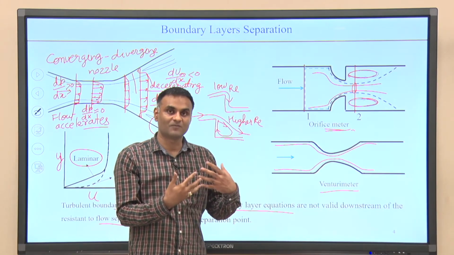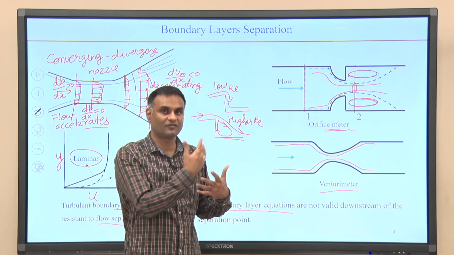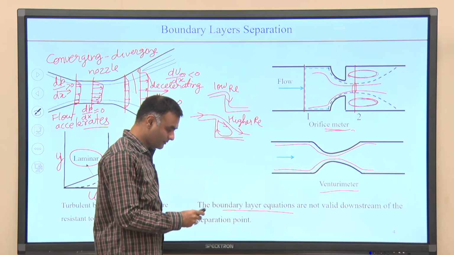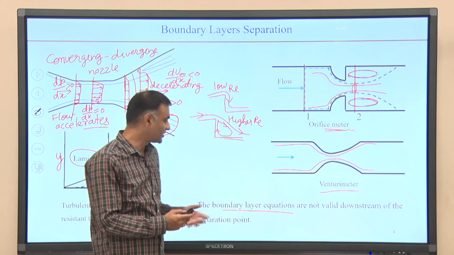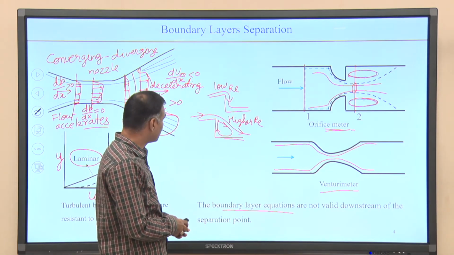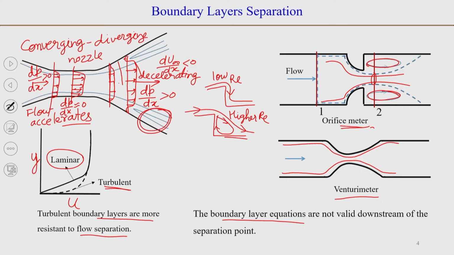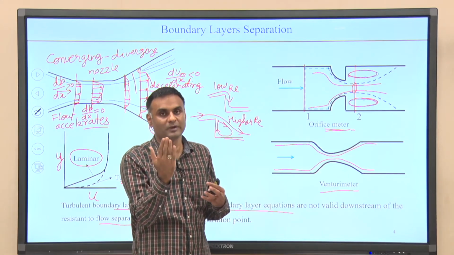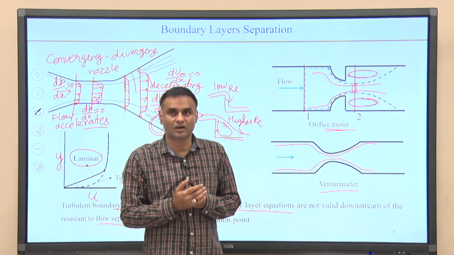The assumption of outer region streamlines does not hold good, and the boundary layer becomes thicker, which was not the case before. For example, if you have such a separating flow here, then the u and v components of velocity, which are the velocity components along the boundary layer and normal to the boundary layer, might be of equal importance.